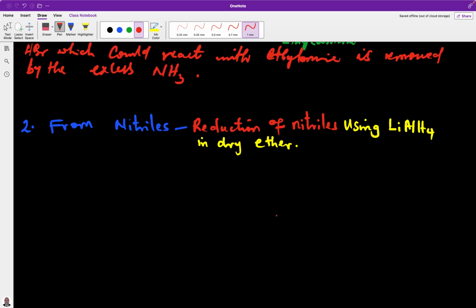The condition here is still heating under reflux. That is the condition, heat under reflux.